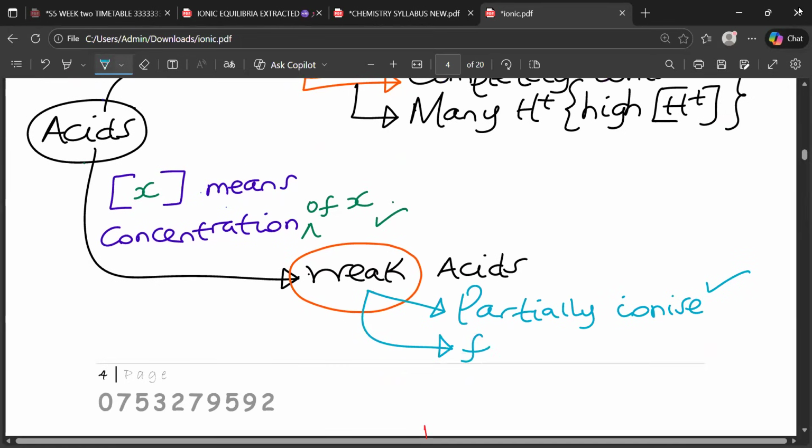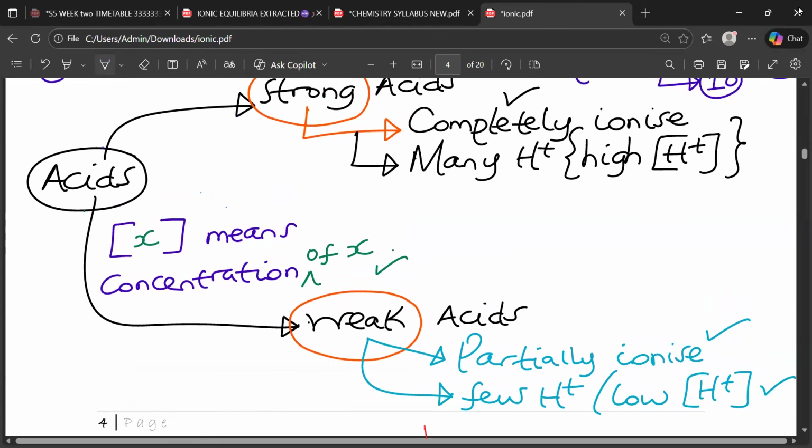The hydrogen ions are few, or people say very few, people say little. So few hydrogen ions, and the concentration is low. People say very low, just like there they say very many, very high. But don't mind all that. So it's a low concentration of hydrogen ions. The other one does it completely, then these ones do it partially. Simple as that.